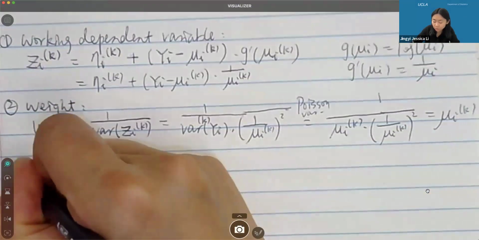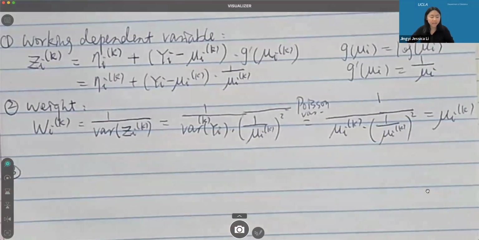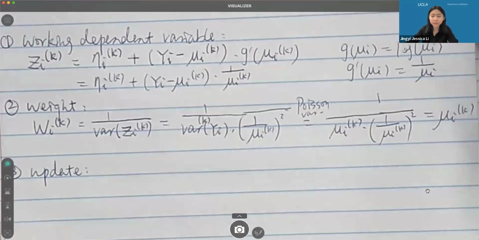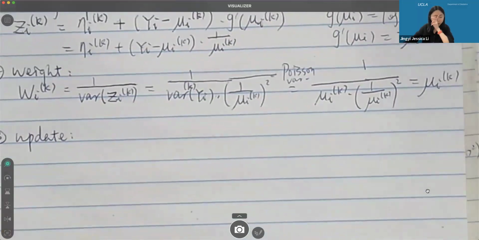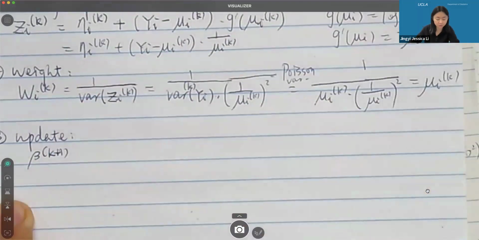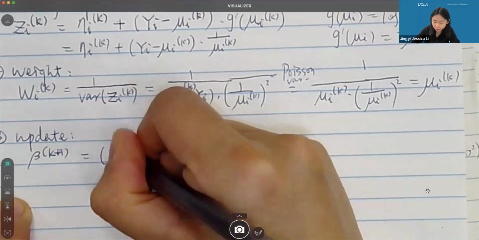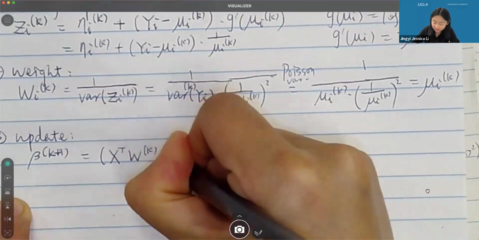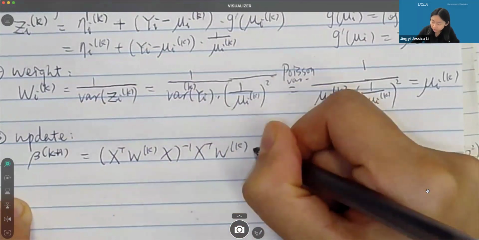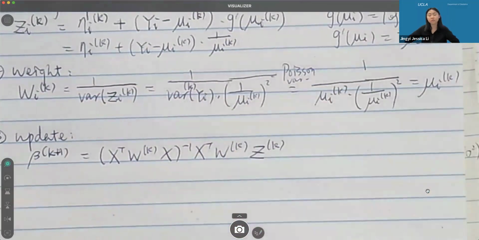Finally, we use the working dependent variable and the weight to update our parameters. So the first update we will do is the beta coefficient using the weighted least squares. Beta_(k+1), the new value, is just (X transpose W_k X) inverse X transpose W_k z_k, where we stack z_1k to z_nk as the vector z_k.